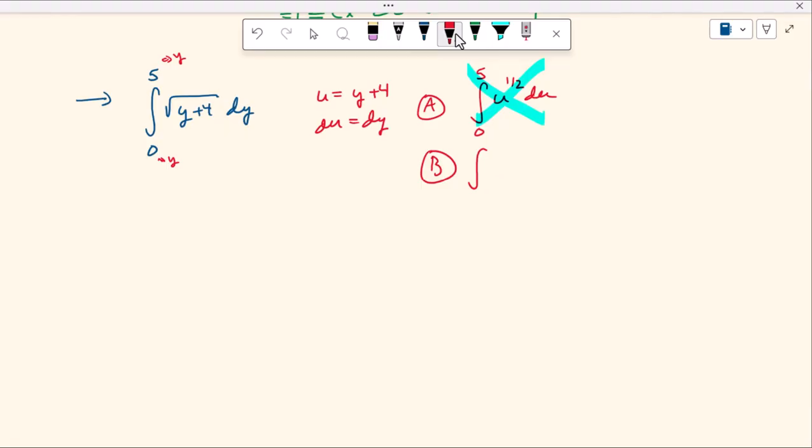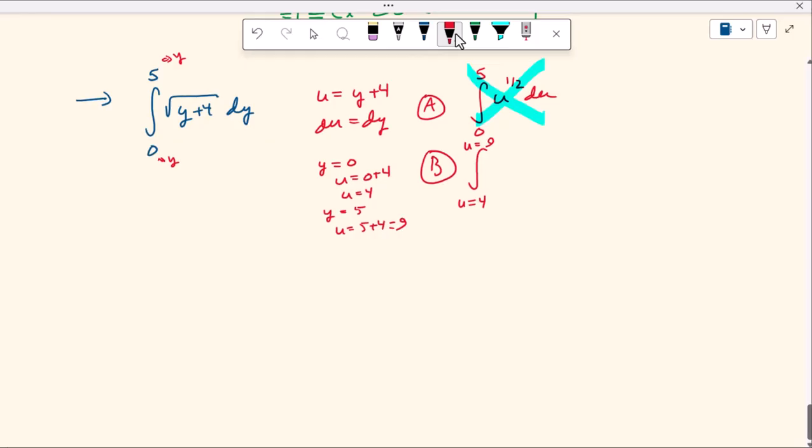So right here, if I know y is equal to 0, that would mean u is equal to 0 plus 4, or u is equal to 4. So I could change my limits of integration and say, oh, I'm going to make u equal 4 now, in place of y equals 0. And then my upper limit of integration, y equal 5, I would plug that in here and say, oh, that's 5 plus 4 for my u, then u would equal 9.